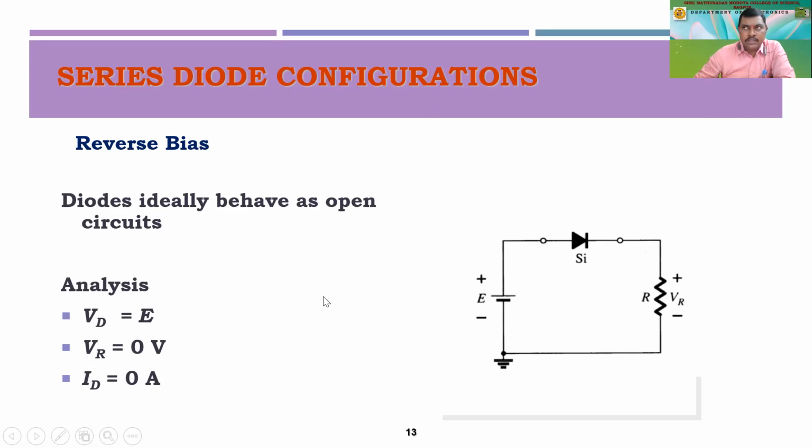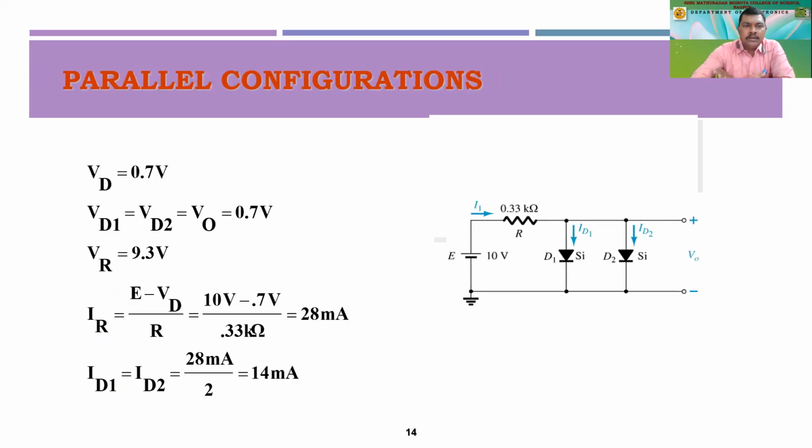From this you can understand that for a parallel combination, if we have two diodes connected in parallel, what would be the voltage? We'll have two currents flowing through ID1 and ID2. The diodes will conduct, and accordingly we can calculate the total current flowing through.